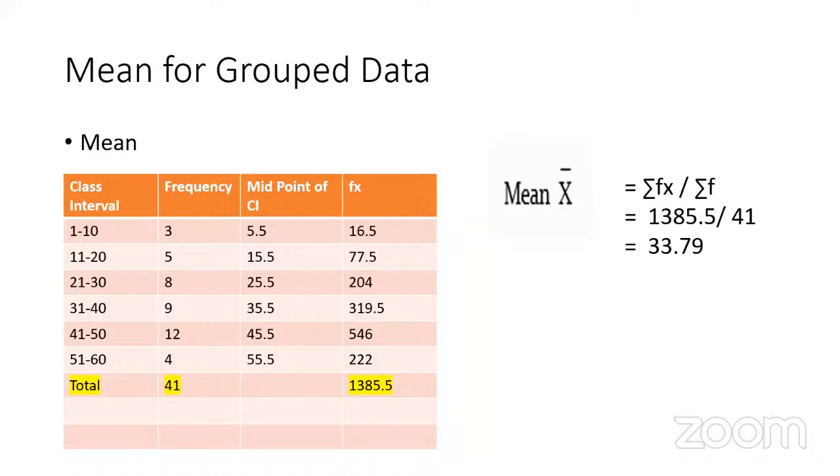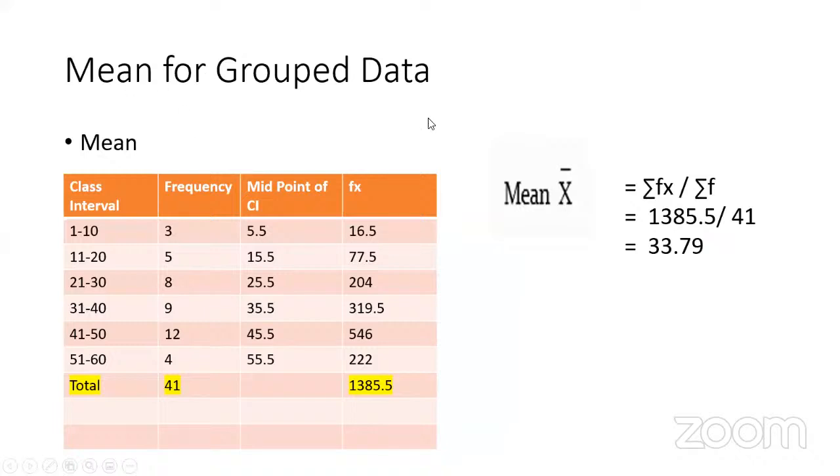If you look at this, the class intervals are here, scores are given, and the frequency, that is the number of scores falling in this range, is also given. Now there is one more thing coming up. First let's look at the formula for mean for group data. The formula for mean for raw scores is sum of scores by number of scores.